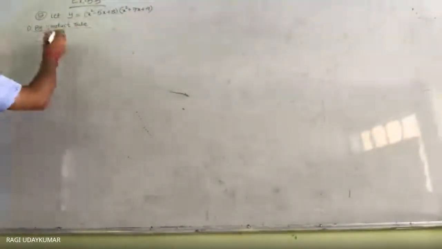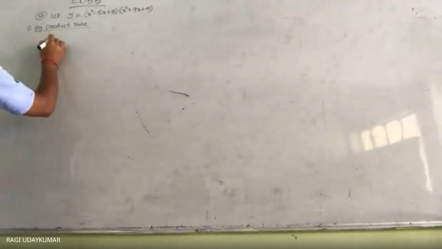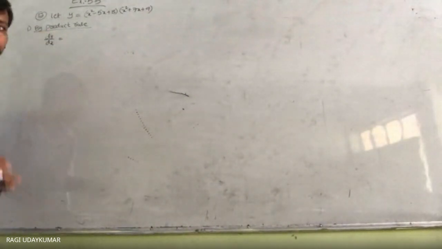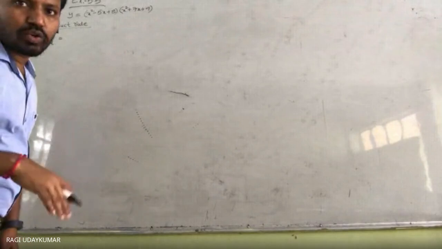Okay. So now what will you get here? dy by dx is equals to differentiating of the y with respect to x.